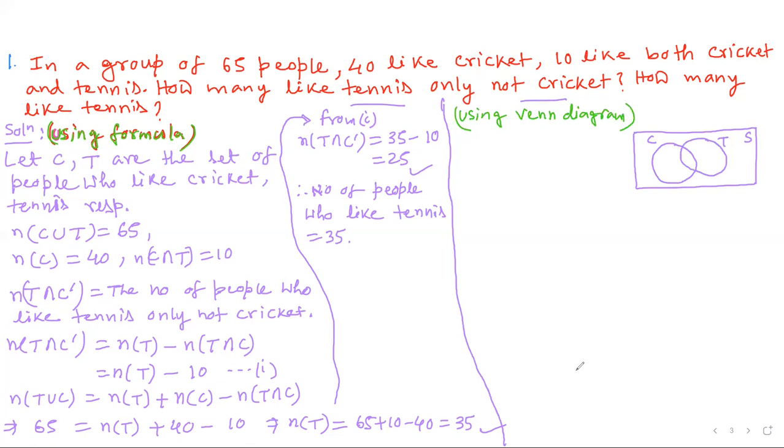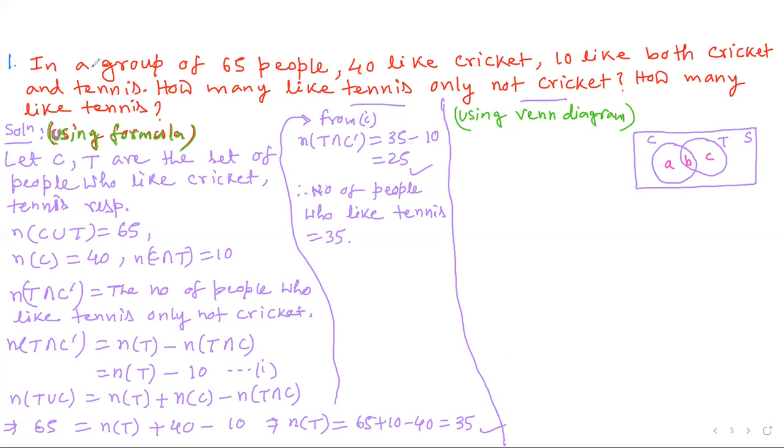Now when we are drawing these two sets, we get three parts. This part is denoted by small a, this common part is denoted by B, and this other part is denoted by C. Now you have to write all the conditions.